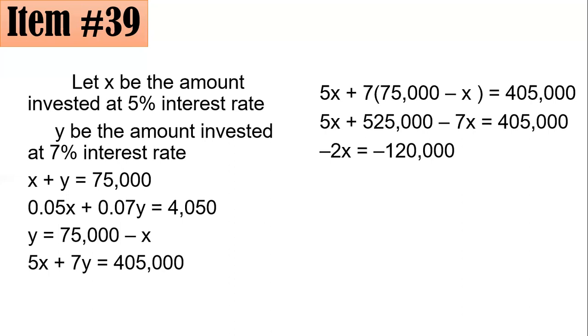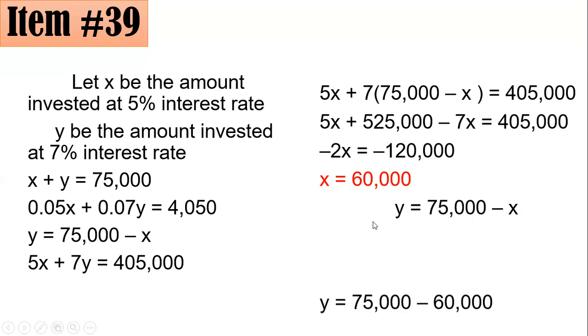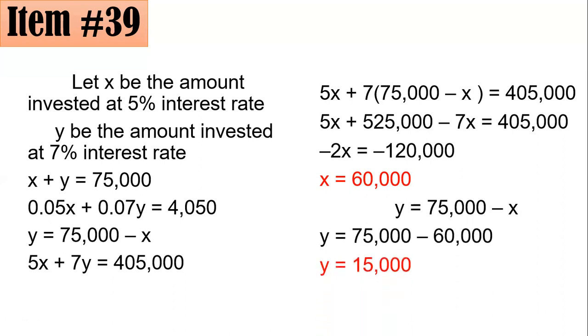Dividing both sides by negative 2, you get the x value of 60,000. And for y, remember, 75,000 minus x. And x is 60,000. So y must be 75,000 minus 60,000 or 15,000. Hence, letter A is the correct answer here.